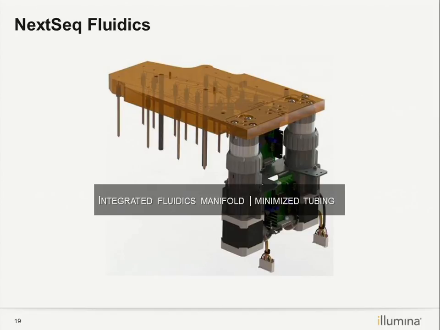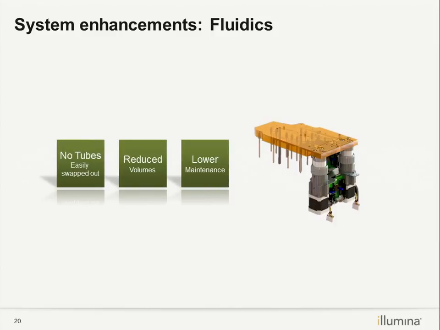The major breakthrough of this design is to reduce the tubings. You can see the lines here are very short. The distance is very short. That means the dead volume inside is much reduced compared with other systems, and you can lower the price of the reagents. And also, with very limited tubings, you can lower the maintenance steps.